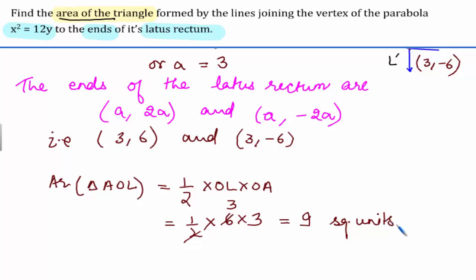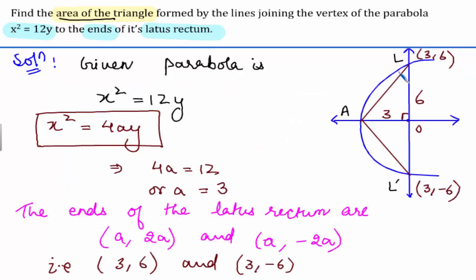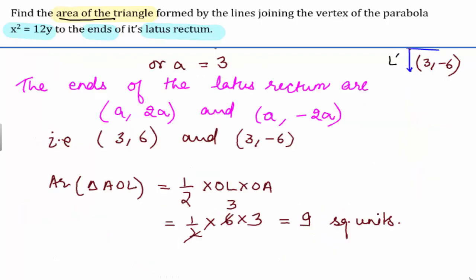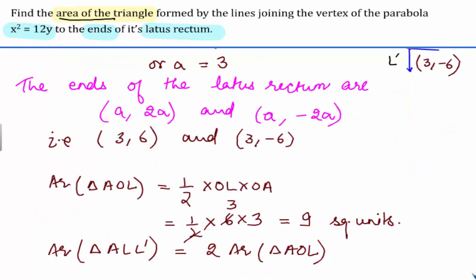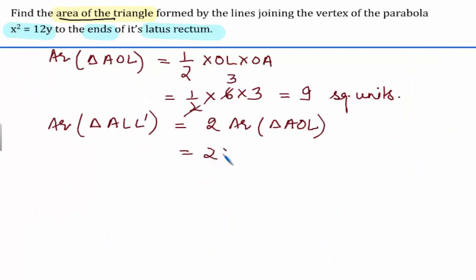Now we have to find the area of triangle ALL dash. So area of triangle ALL dash is twice the area of triangle AOL, right? Since AOL is half the area of triangle ALL dash. So this is equal to 2 into 9, that is 18 square units.